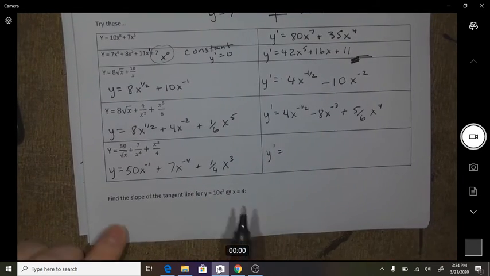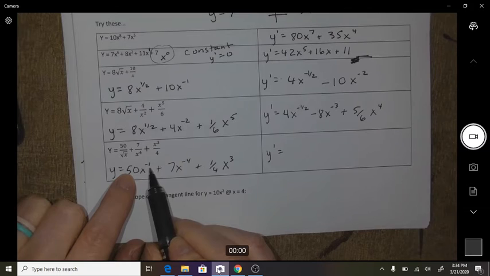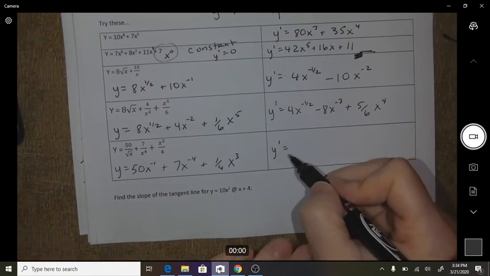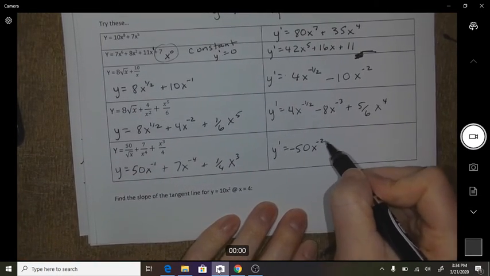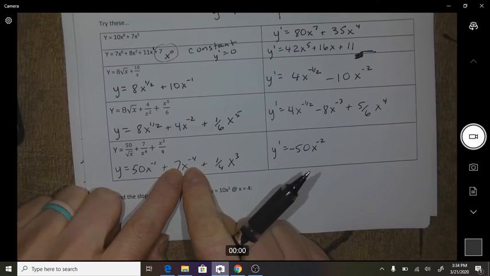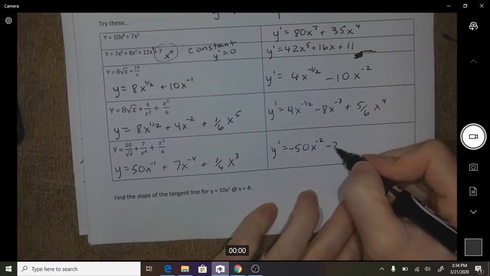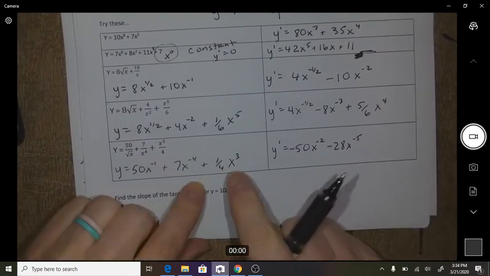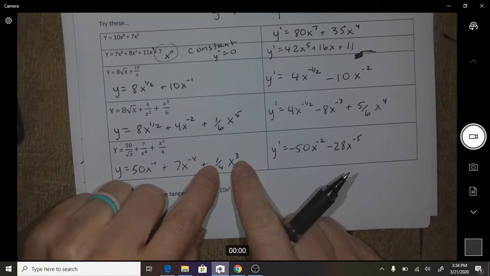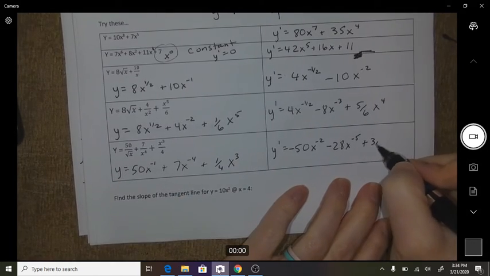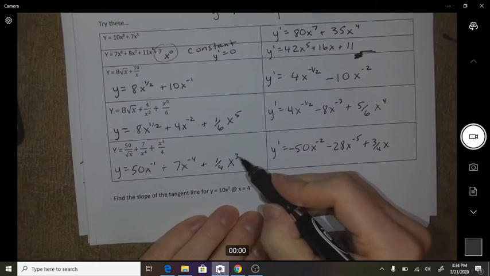Now it would be easier to derive. Negative 50x to the negative 2, negative 28x to the negative 5, multiplies to 3/4, down a degree is 2.